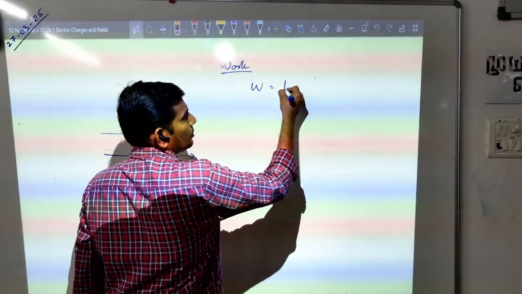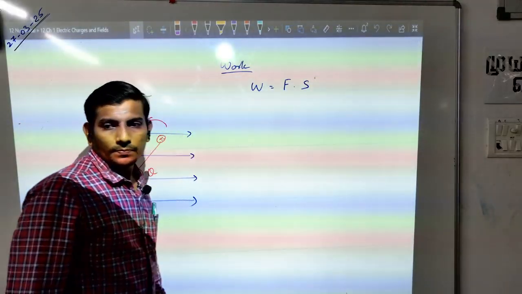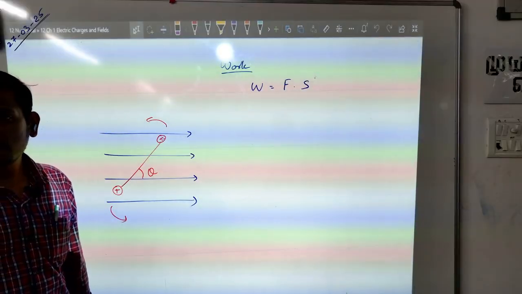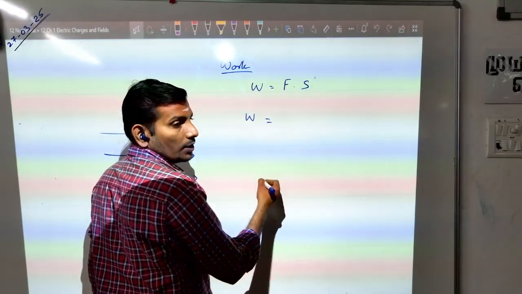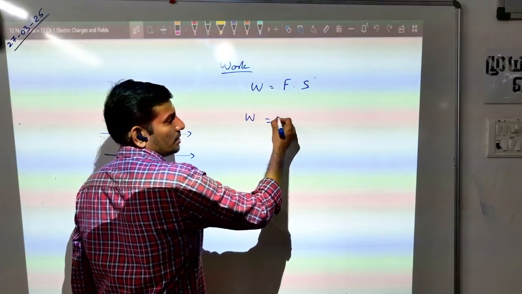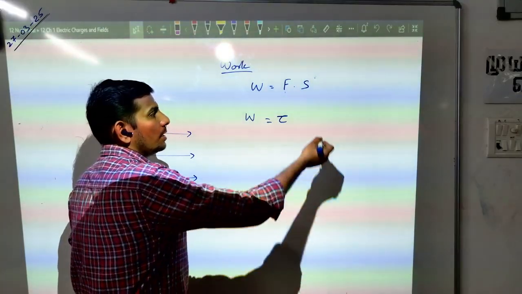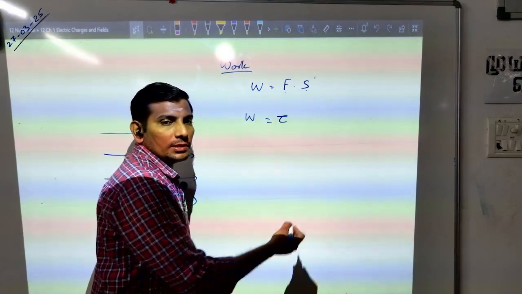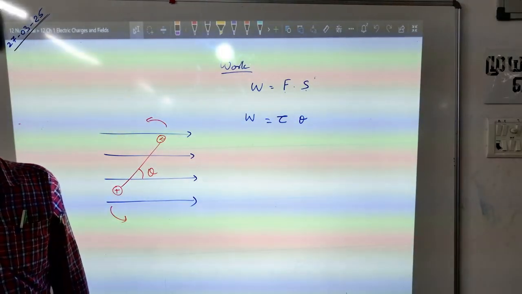Linear work done, W is equal to force into displacement into cos theta, F dot S. And angular work done is equal to torque into theta, because the equivalent of force in rotational motion is torque, and the equivalent of displacement in angular motion is angular displacement theta. Got it?